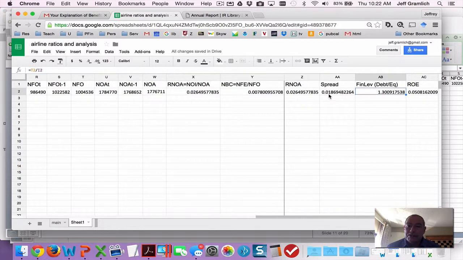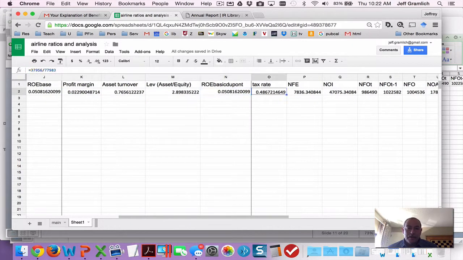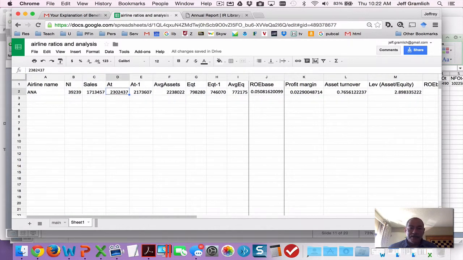And so we take the spread times the amount of leverage and add that to the RNOA, and we end up with ROE. And there it is. ROE is equal to the RNOA Z2 plus the spread times the financial leverage. And we end up with ROE 0.050816, which is the same as the ROE basic DuPont, which is also the same as the ROE base, which is just net income divided by average equity.